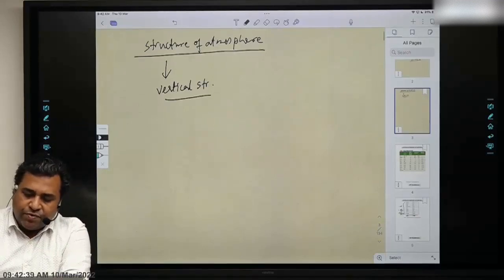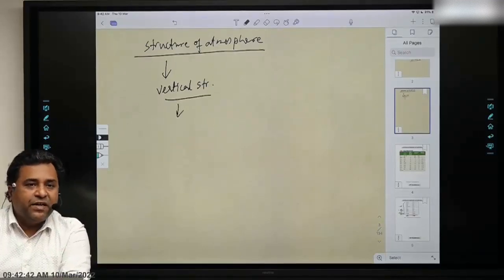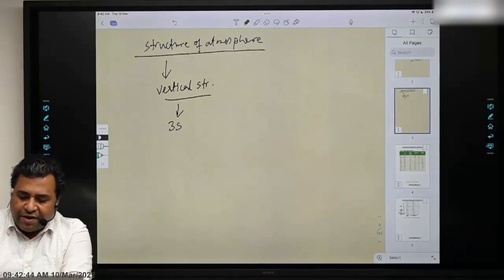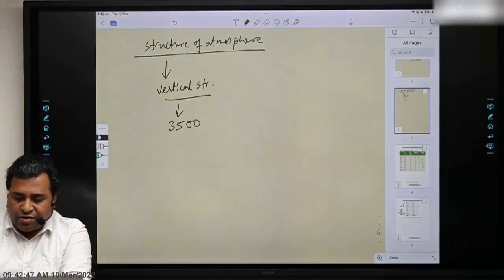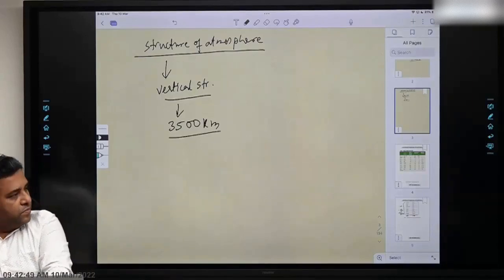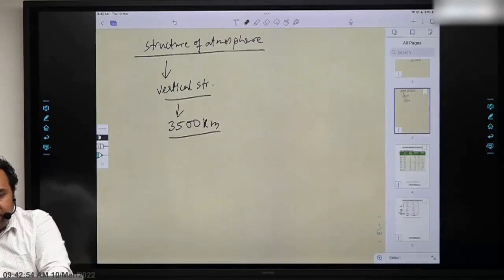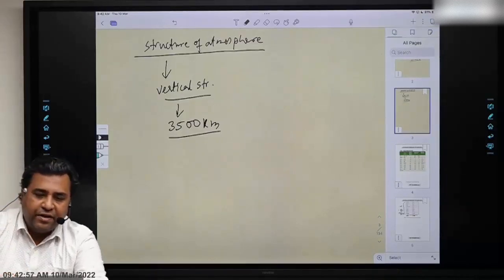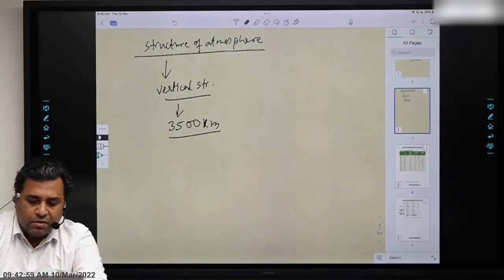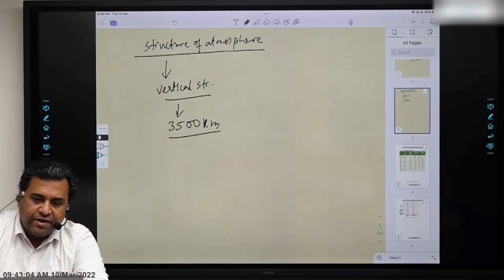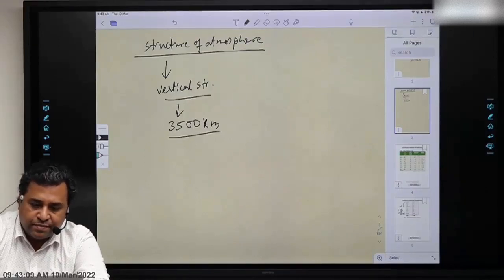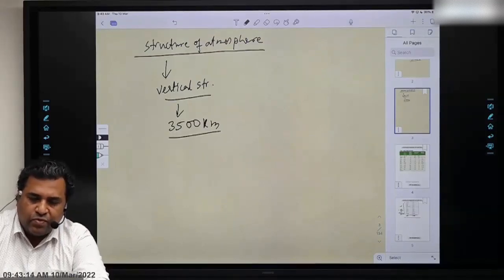Okay. So vertical structure, as per our NCERT, we'll follow that vertically the atmosphere goes up to 3,500 kilometers. Okay. Vertically, please do write, vertically the atmosphere goes up to 3,500 kilometers from the earth's surface.